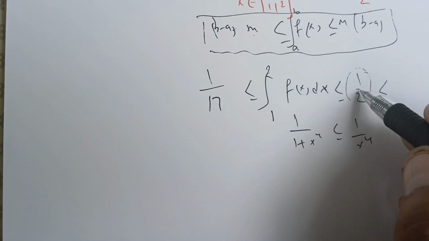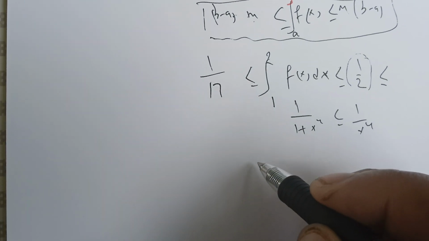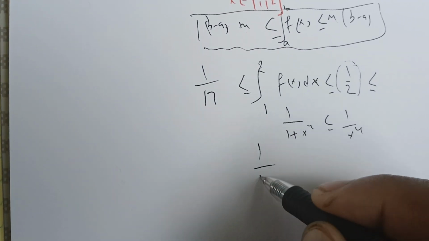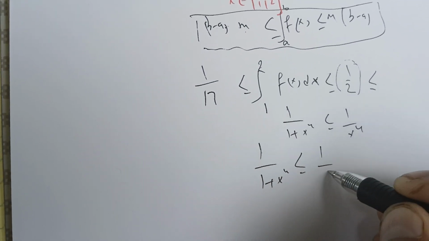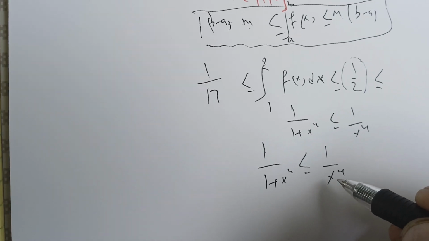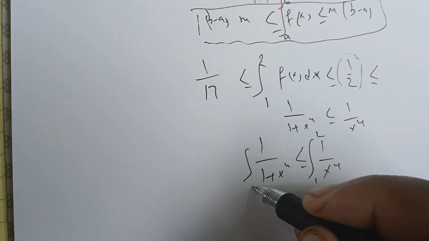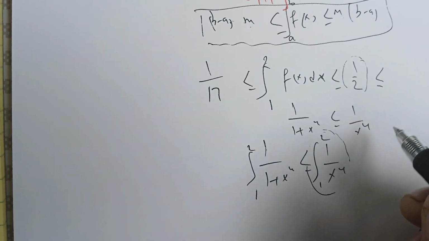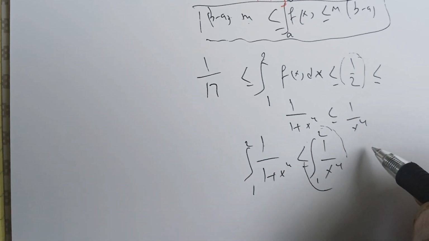So this is 1/2, but if we use this ordering, that 1 over 1 plus x to the power 4 is less than 1 over x to the power 4, and we integrate between 1 and 2, we get 7 over 24.